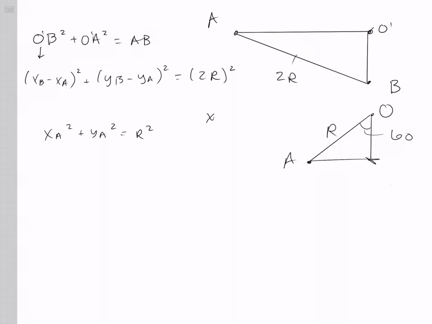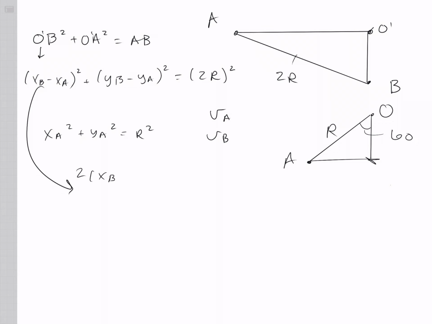So these equations are nice, but they don't have anything in terms of the velocity of A or the velocity of B, and that's what we need. The best thing to find the velocity of A and the velocity of B is to take the derivative of these two equations. Let's take this derivative first.